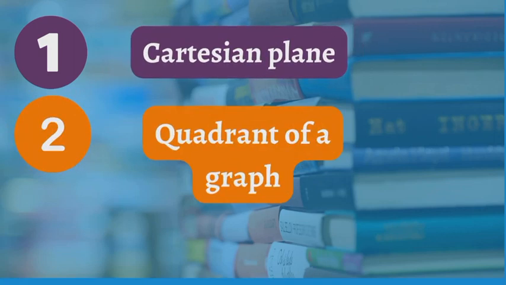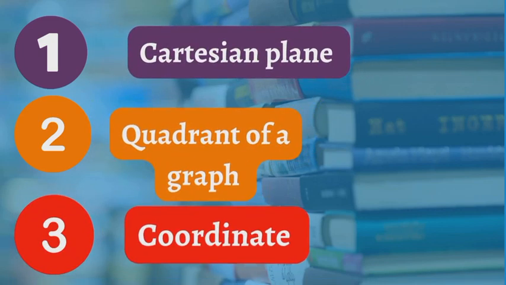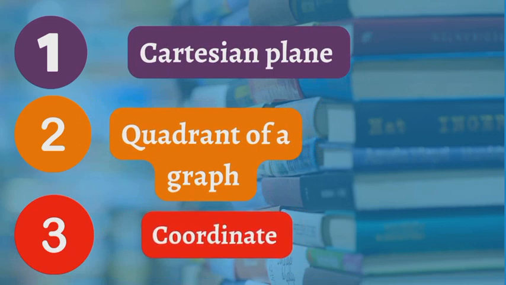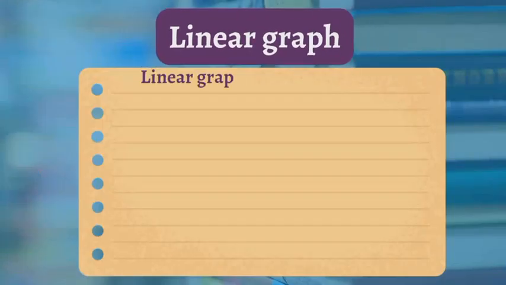That is the first one, and then we shall also be looking at quadrants of a graph. Also, we shall be looking at coordinates. Now, let's swing into action.